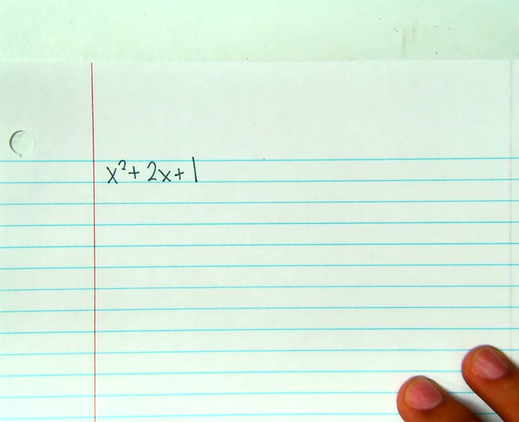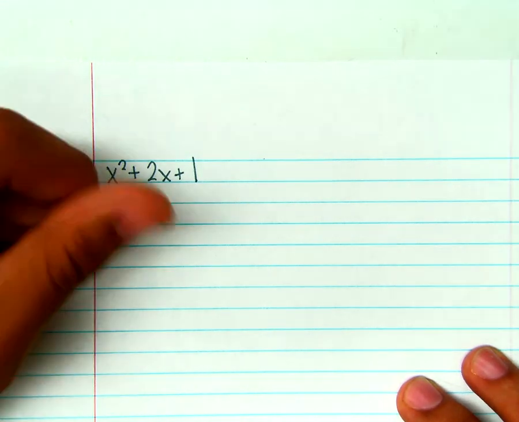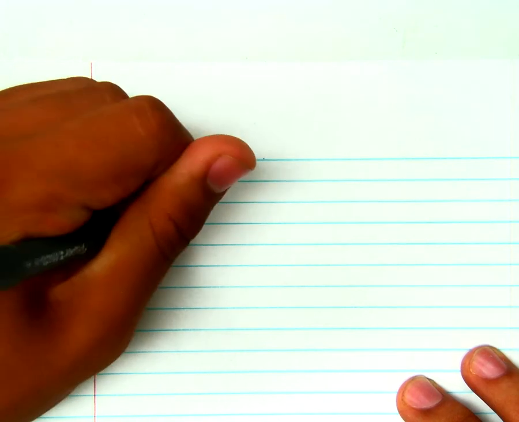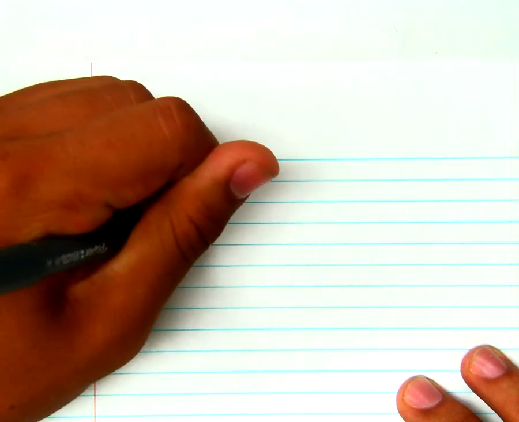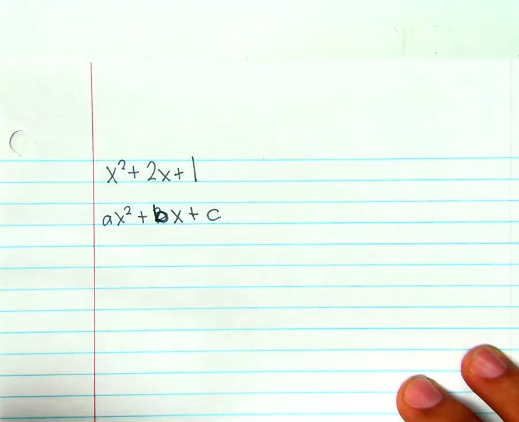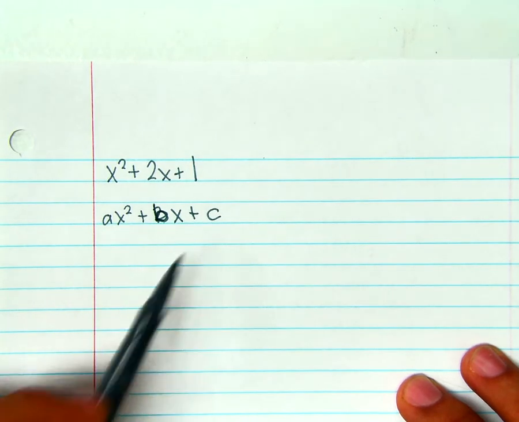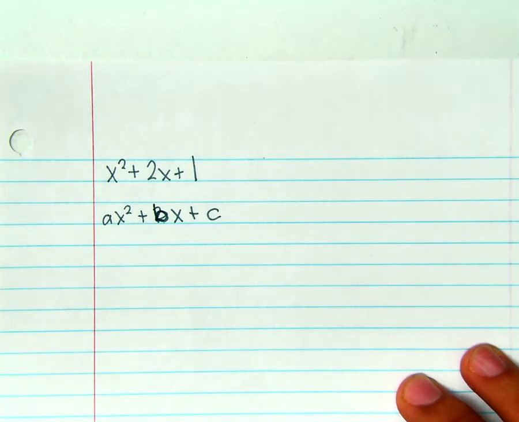So when we're working with a polynomial of 3 terms, we want to remember the standard form of a quadratic. So that's ax squared plus bx plus c, where a, b, and c are our coefficients.